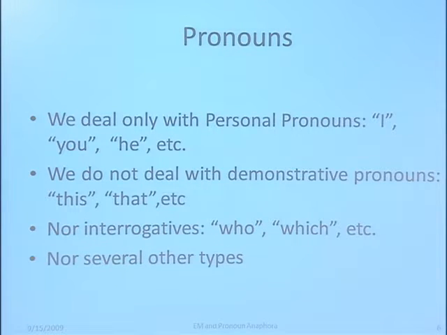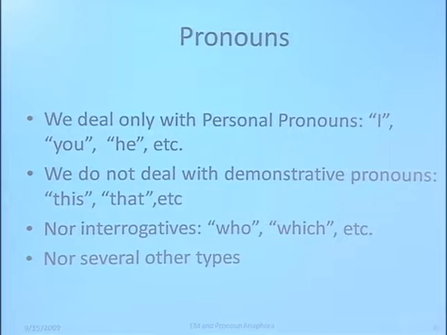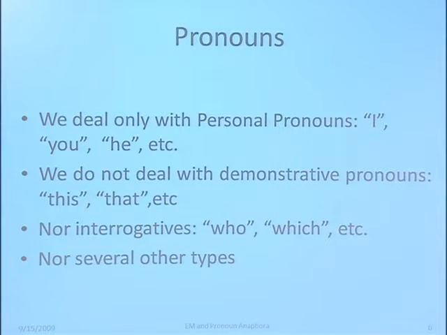Okay, so there are many kinds of pronouns. And in this talk, I'm only going to be dealing with so-called personal pronouns like I, you, he, she, etc. There are other kinds of pronouns like, for example, demonstrative pronouns: this, that, those. Interrogative pronouns: who, which, and other types.